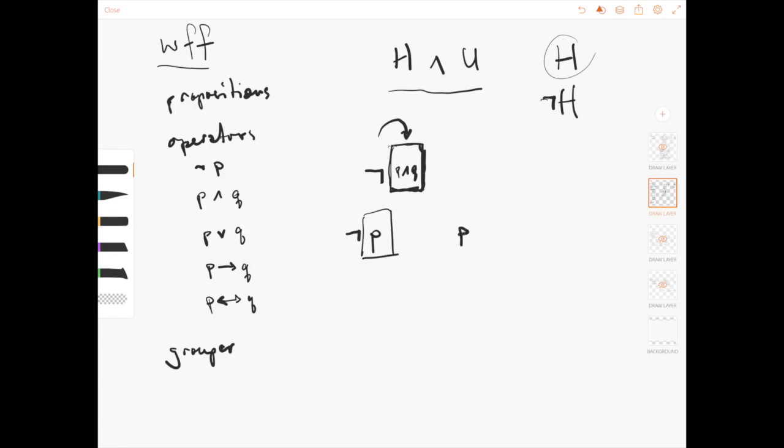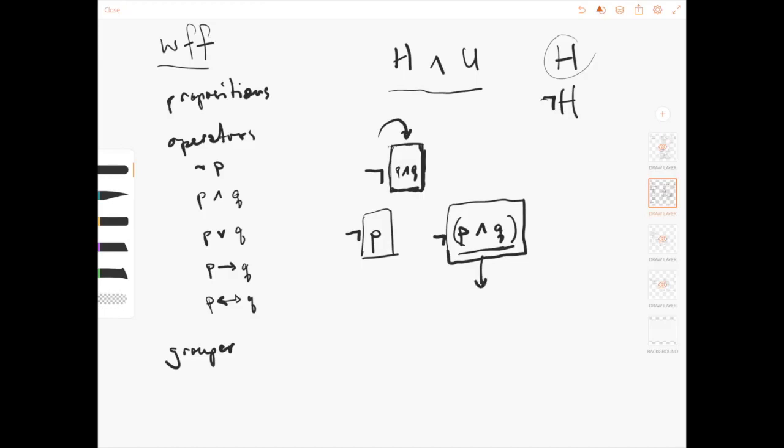Suppose we have the expression P and Q, and we put that in parentheses to indicate that it goes together, and we put a not on the outside of that. Why is that a well-formed formula? Because, again, not is being applied to everything in the box that it operates on, and what goes in the box, all it has to be is a proposition that's a well-formed formula, and sure enough, this is a well-formed formula.